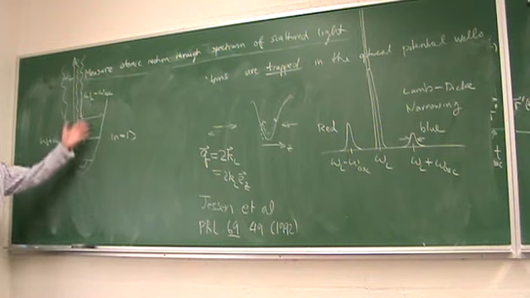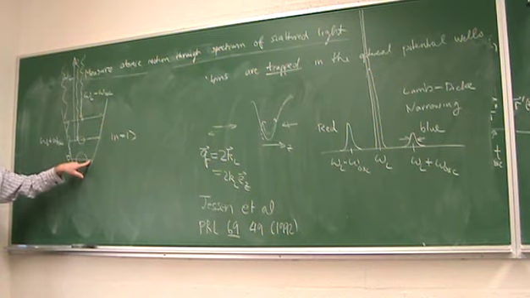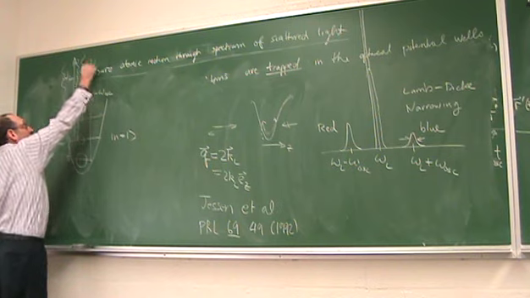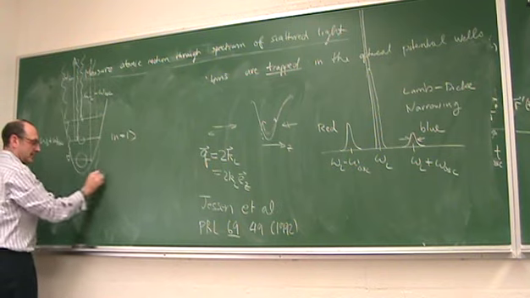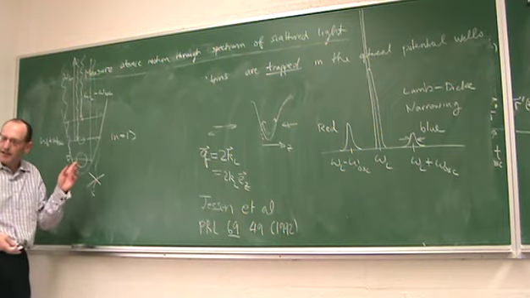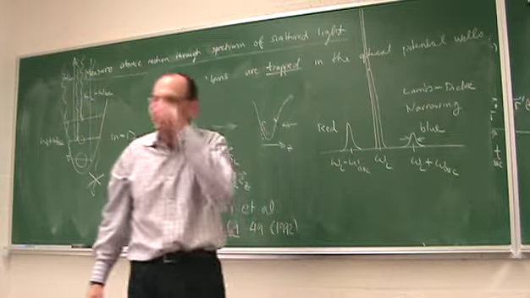This red and blue sidebands exist for starting in all states except the ground state, right? Because if I go up with that same amount of light here, there's nowhere for me to go because I'm in the ground state. So that's a clue as to why there might be asymmetry here.